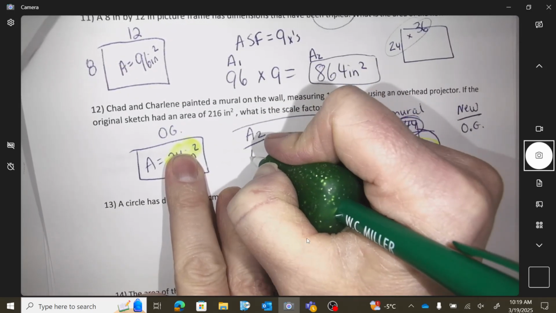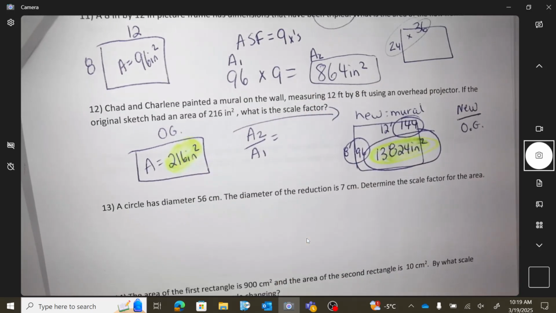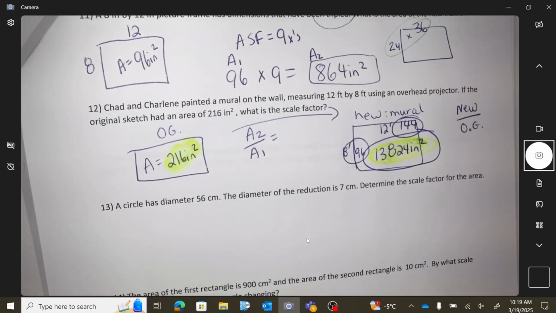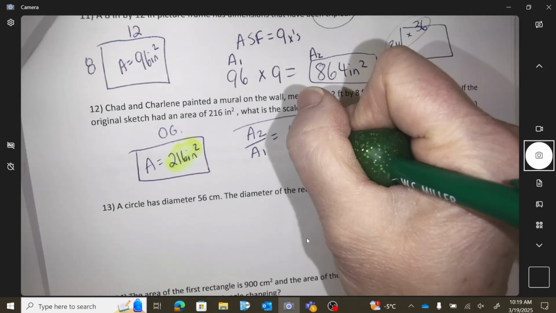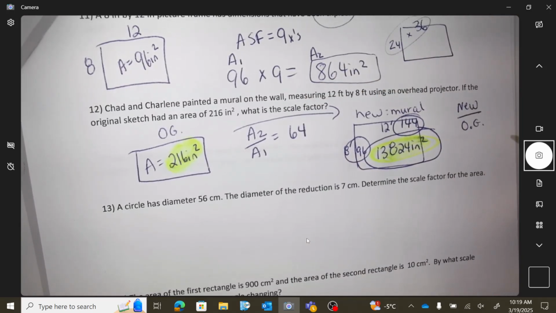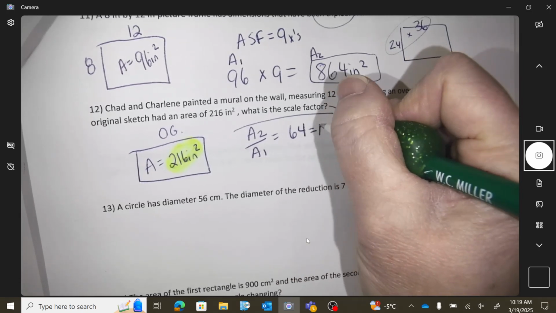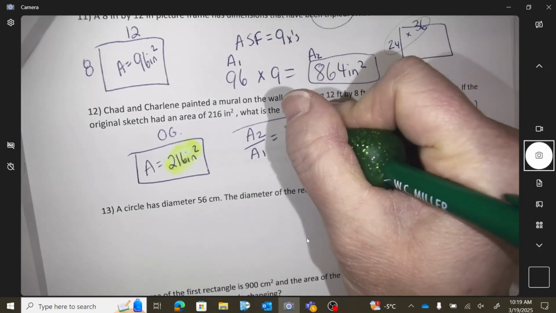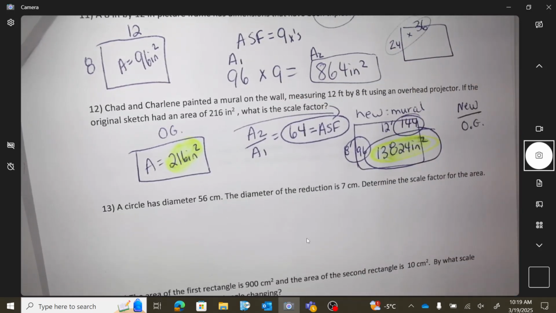Area 2 divided by area 1 is 64. 64 times bigger. The area is 64 times bigger. So this is called area scale factor. The area was 64 times bigger.